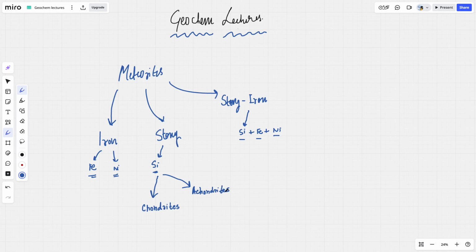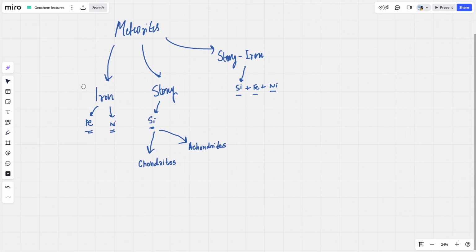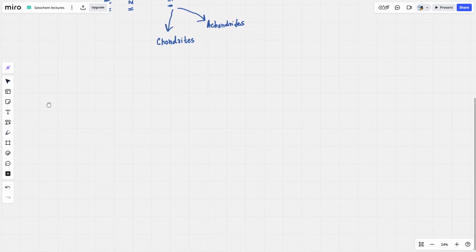Okay, so chondrites and achondrites are two types of stony meteorites. We'll get to know what those are. Before going into that, we'll discuss two more things.